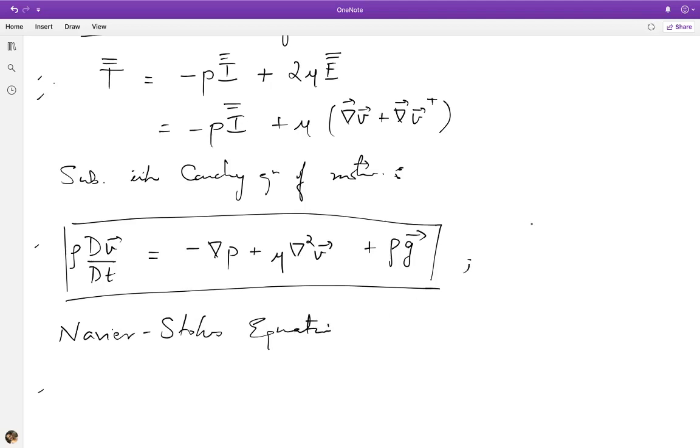This of course has to be supplemented along with the fact that the divergence of the velocity is 0. It arises from the continuity equation and the fact that the density is constant.